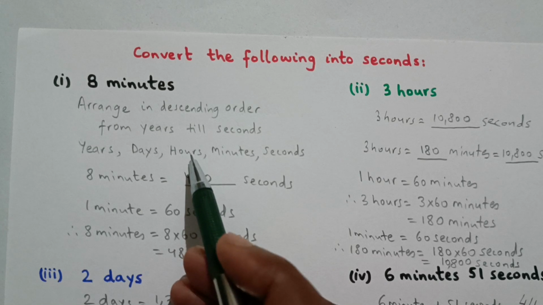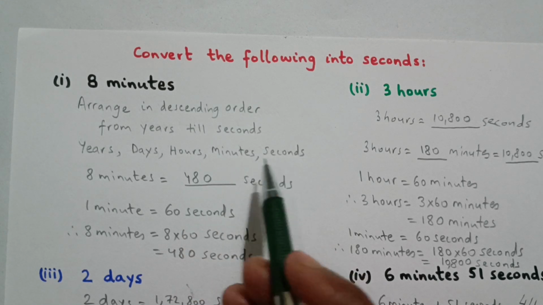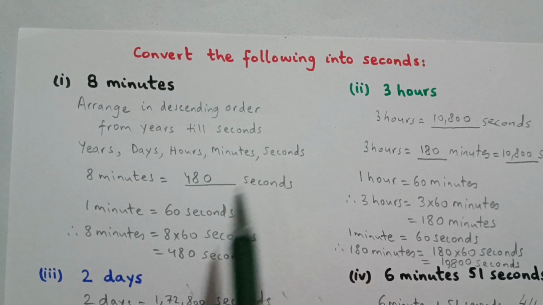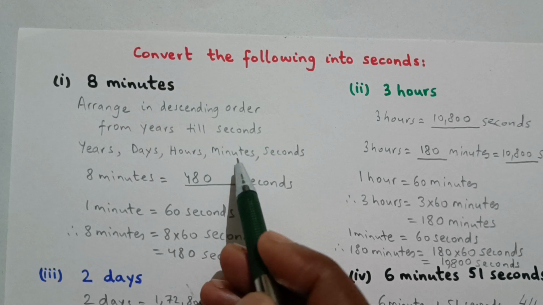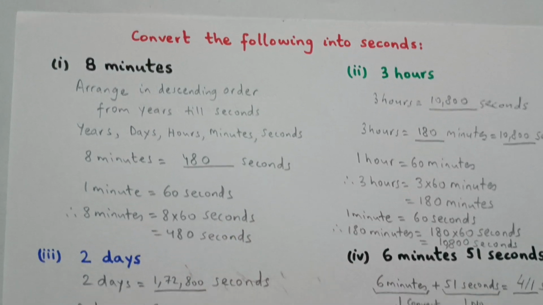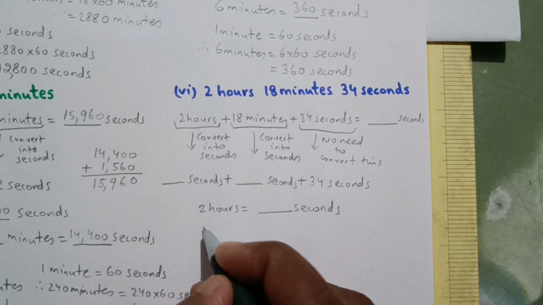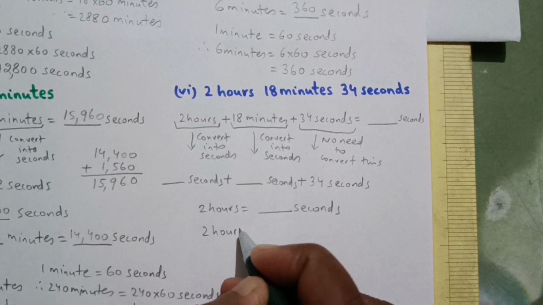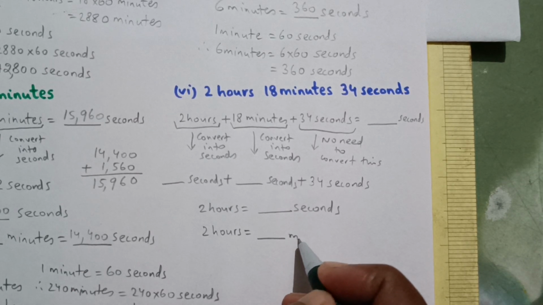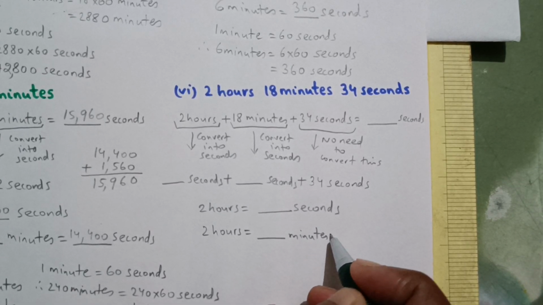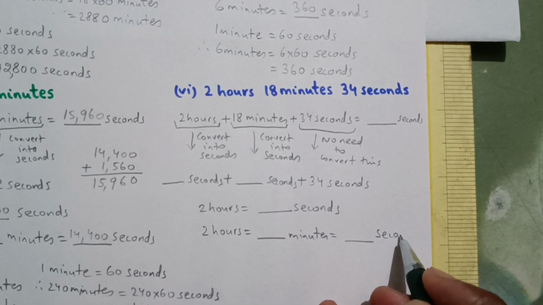So first we have to convert hours to minutes and then those minutes we have to convert into seconds. It is a two-step procedure.